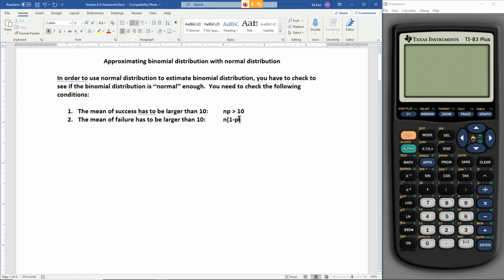What's 100% minus 60%? That's 40%, so the chance of failure would be 40%. So the average of that also has to be bigger than 10. Both of these conditions have to be met before you can use the normal distribution.